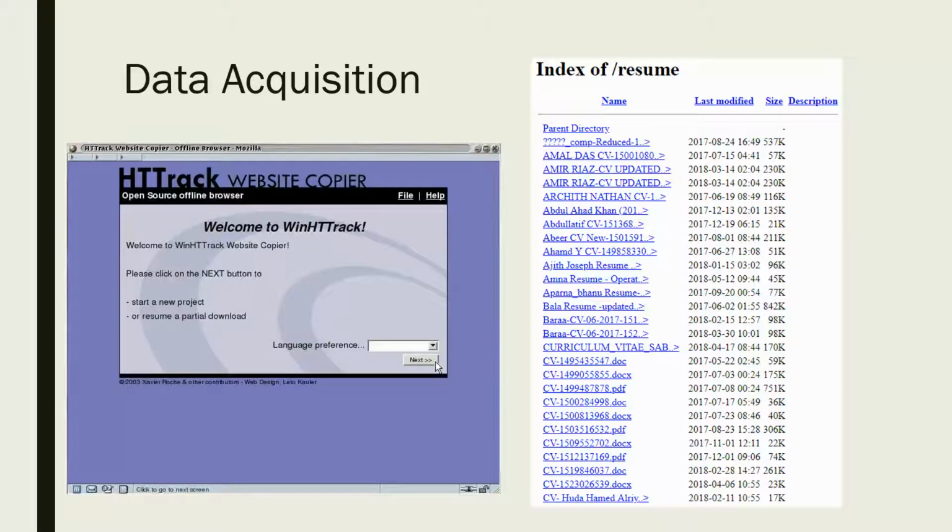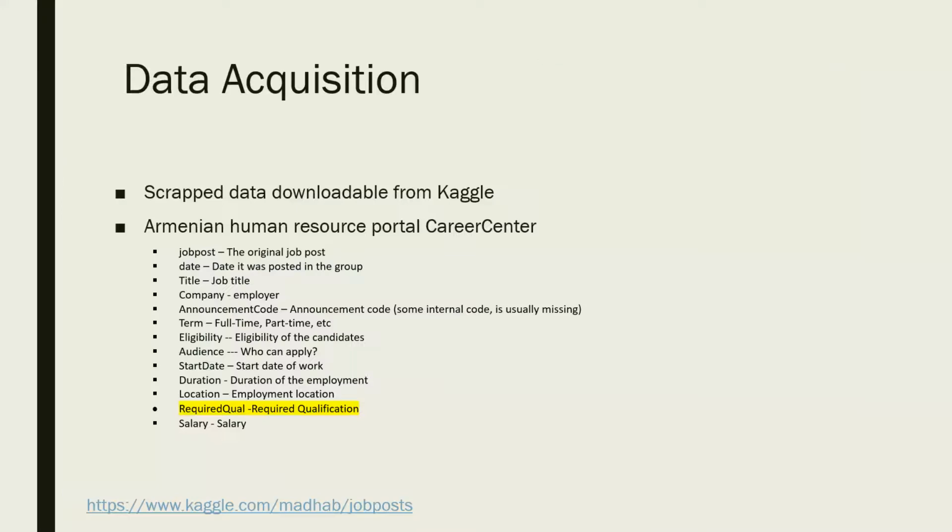On data acquisition for the resumes, we have a website that has a folder of many resumes, and we use the HTTrack website copier to download everything in this folder. The other data set we acquired is from Kaggle, the human resource portal career center.